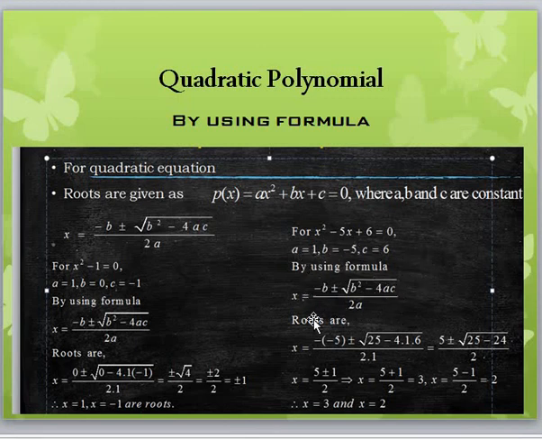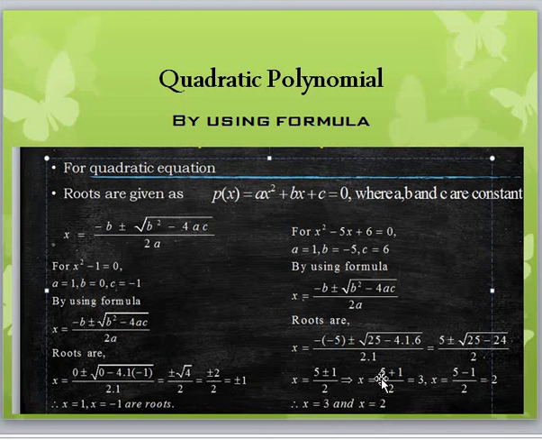By using the formula x = (-b ± √(b² - 4ac)) / 2a, the roots are x = (-(-5) ± √((-5)² - 4 × 1 × 6)) / (2 × 1) = (5 ± √(25 - 24)) / 2 = (5 ± 1) / 2.